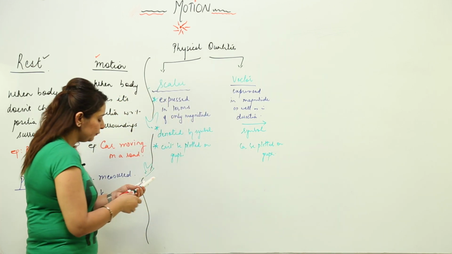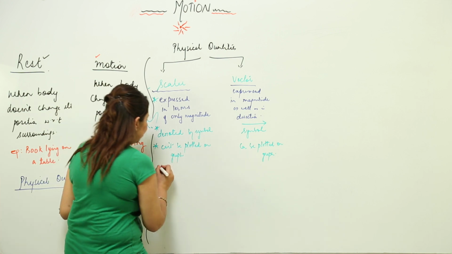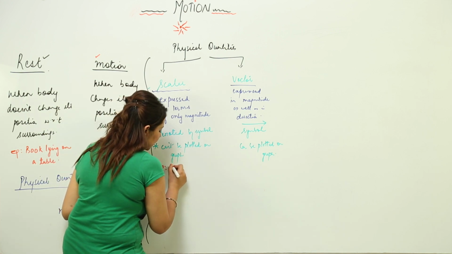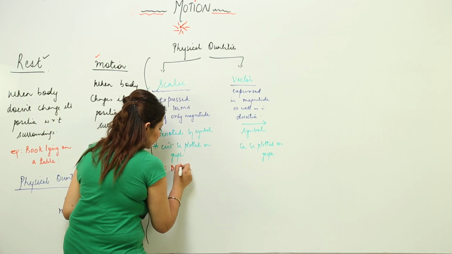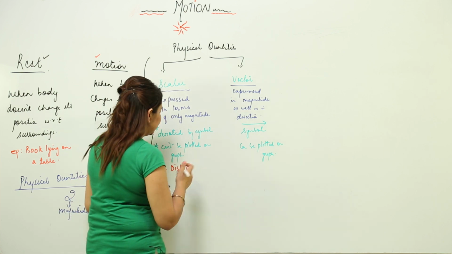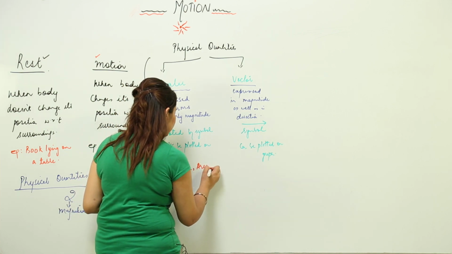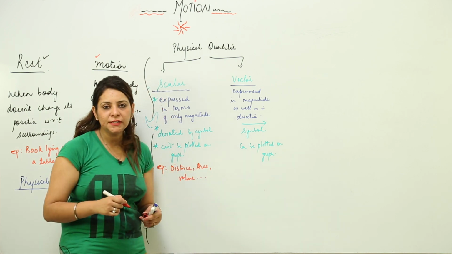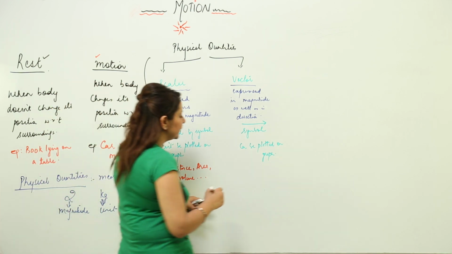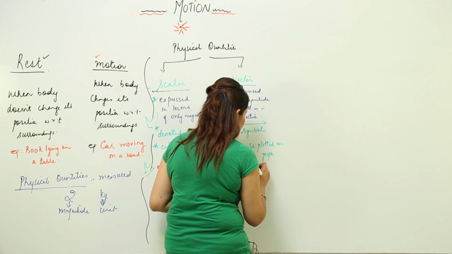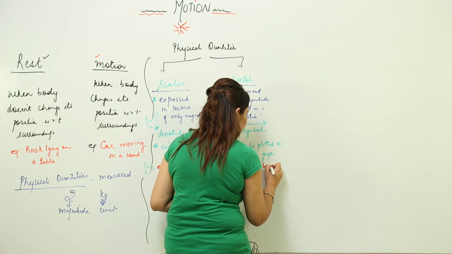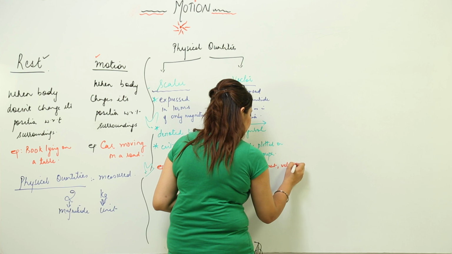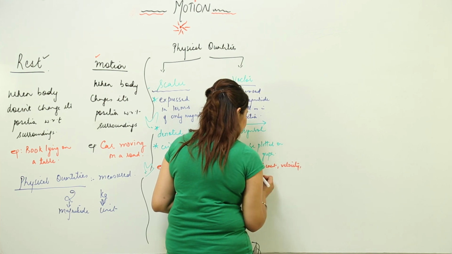For now, for examples, scalar quantities include distance, area, and volume. In all these cases we don't specify the direction. But vector quantities include displacement, velocity, and force.